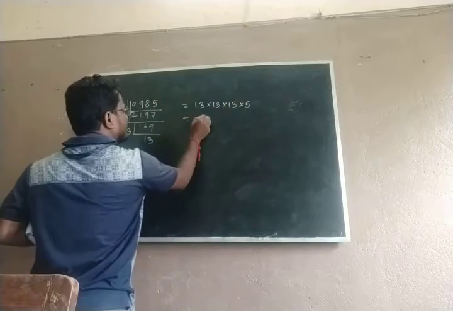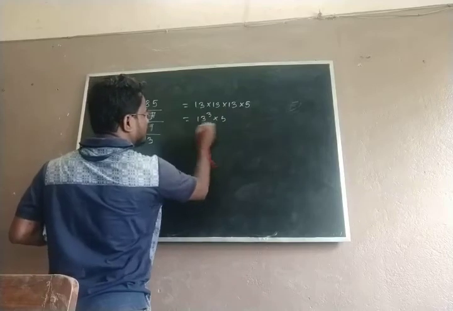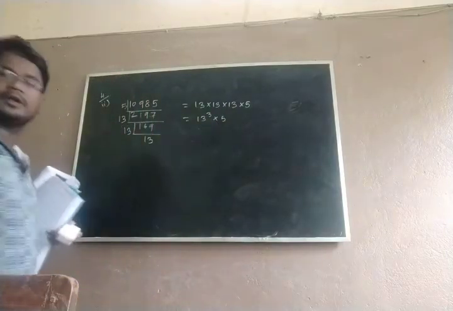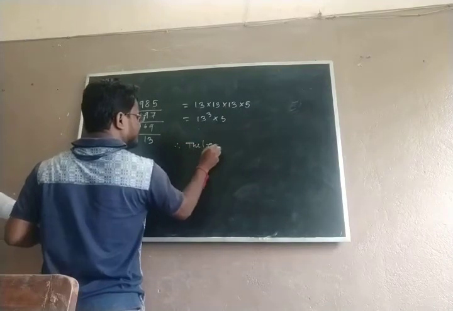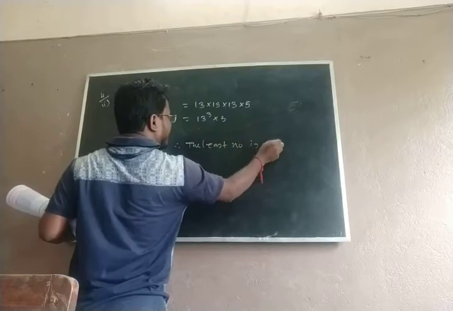Now you should divide this number by 5. If you divide by 5, then 5 will be cut, then it will be a perfect cube. Therefore, the least number is 5.